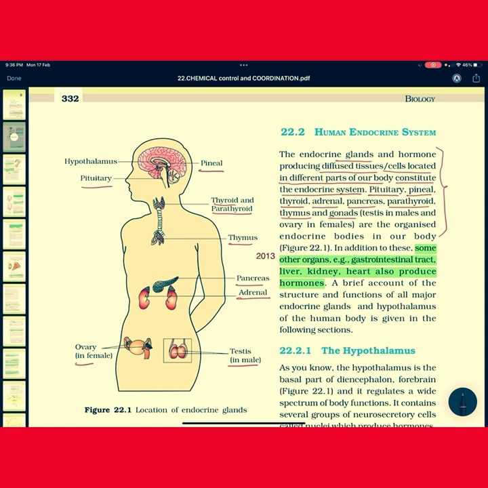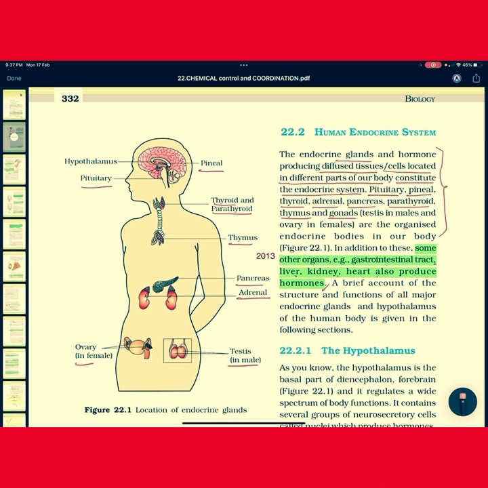Some organs like the gastrointestinal tract, liver, kidney and heart also produce hormones. Very good. What is the main function of the kidney, students? The kidney filters the blood; nitrogenous waste is filtered by the kidney. What about the heart? Pumping the blood is its main function.